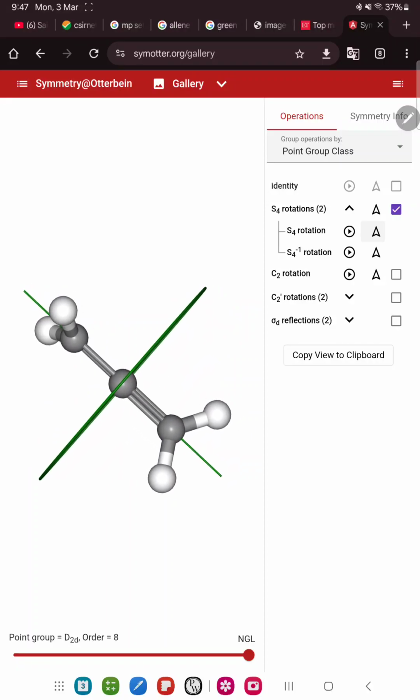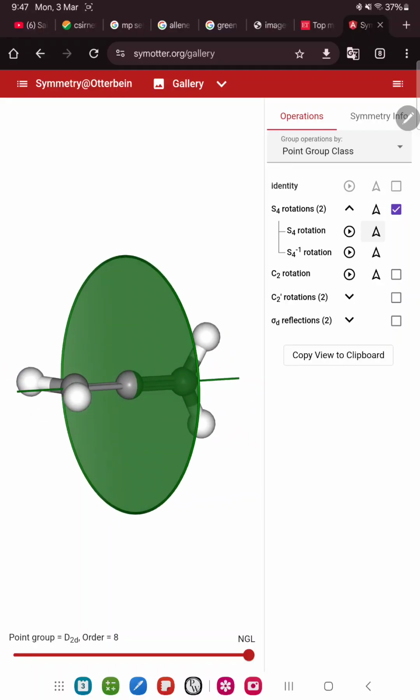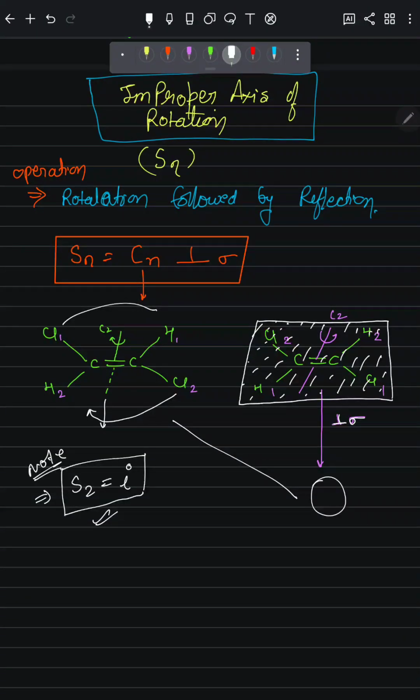Let's see one more time. This is the structure of allene, and this is S4. One 90-degree rotation, and after that it is reflected back, and we will see a similar structure. So allene will show S4. So this is all for the lecture today.